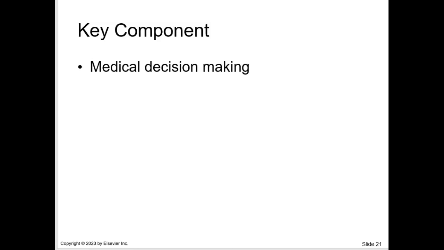Let's go back to that. To some extent, the key component is going to be for the patient encounter. The reason these can differ is that the complexity of the decision making depends on which condition can be diagnosed and how the treatment is going to be recommended.